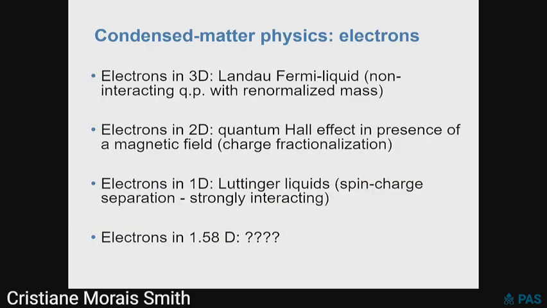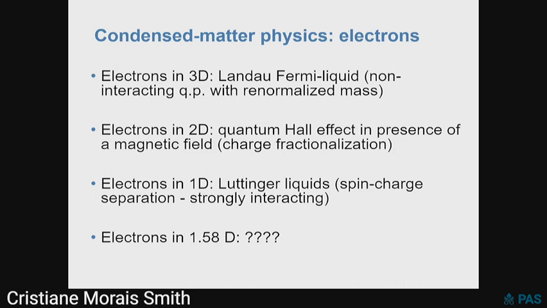So now, if I think from a condensed matter perspective, the physics depends highly on the dimension. If I look at electrons in 3 dimensions, despite their interactions, they behave like non-interacting quasi-particles. When I come to 2 dimensions, if I apply a perpendicular magnetic field, the physics changes completely.